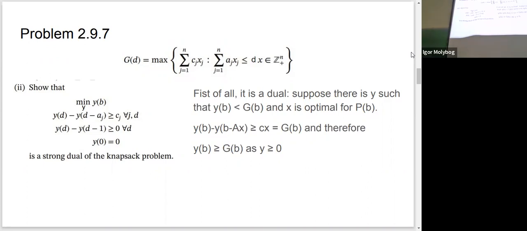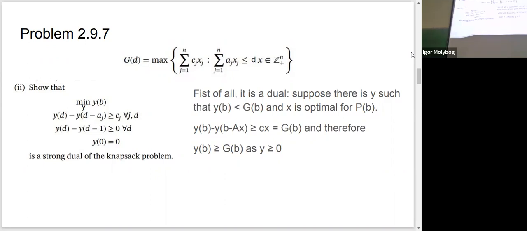We can see that these two things actually destroy each other, and we end up with y of b minus y of b minus 2a1 greater than or equal than 2c1. And then we can continue doing that.